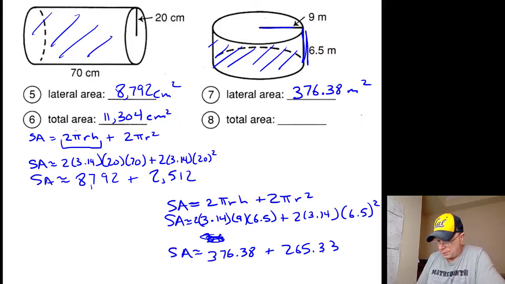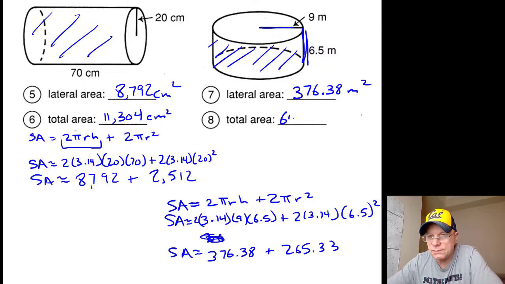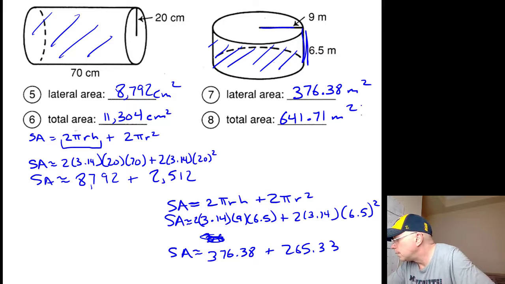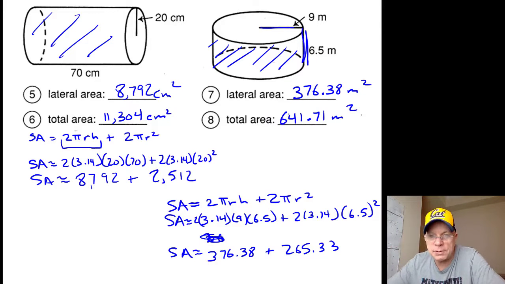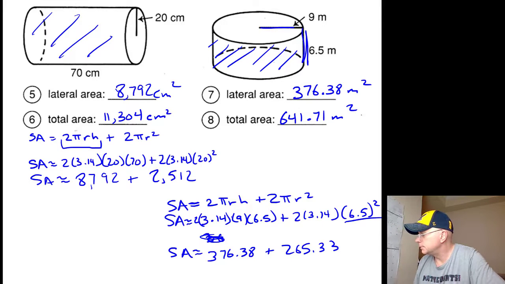I'll add that to our lateral area, 376.38, to get a total surface area estimate of 641 and 71/100 meters squared, which is not what I have on my paper, so I obviously made a mistake. 42.25, that's right, times 6, that looks reasonable. Did I do this wrong? 60, no, that looks reasonable too. Uh-oh. What did I do wrong?